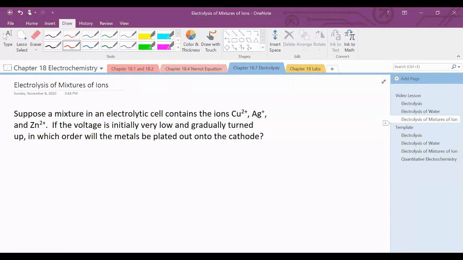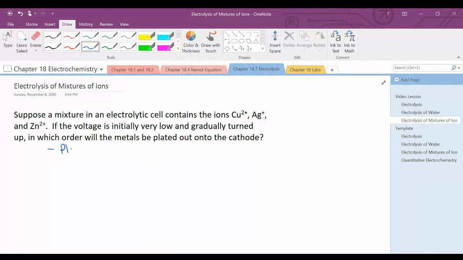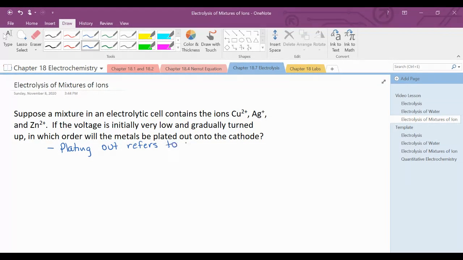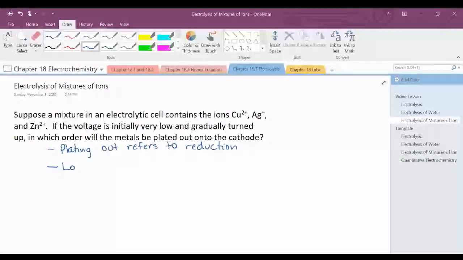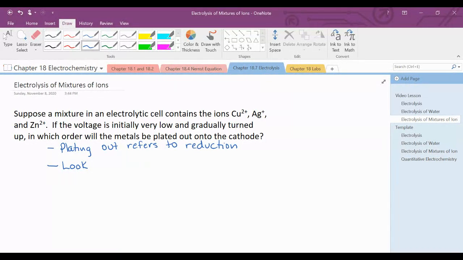The first thing we need to know is that plating out refers to reduction. So we need to look at the standard reduction potential table in your book on page 709.